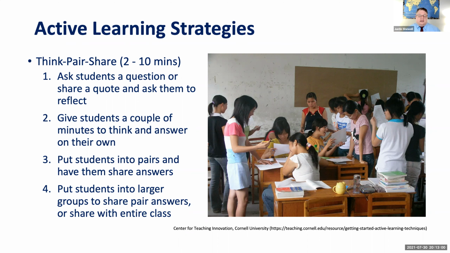If you have a really large class, like 40 or 50 students, sometimes I don't do the entire class, but I'll just stop after they share with the 4, or maybe I'll take the 4 and put them together into 8. You could also do a think, pair, share online if you're doing something asynchronous, which means not at the same time, like everybody's not getting together at the same time.